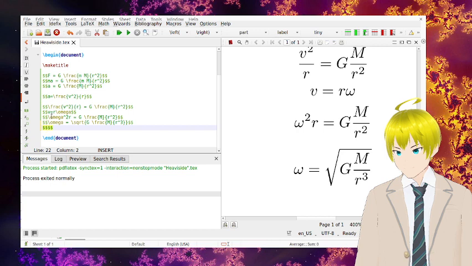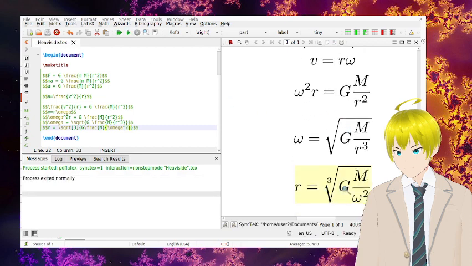So what I'm going to do is square root, and I'm going to put a little 3 here. And then I'll put it in there. So R equals the cubed root of GM over omega squared. Does that look right? There's a little 3 here for the cubed root.